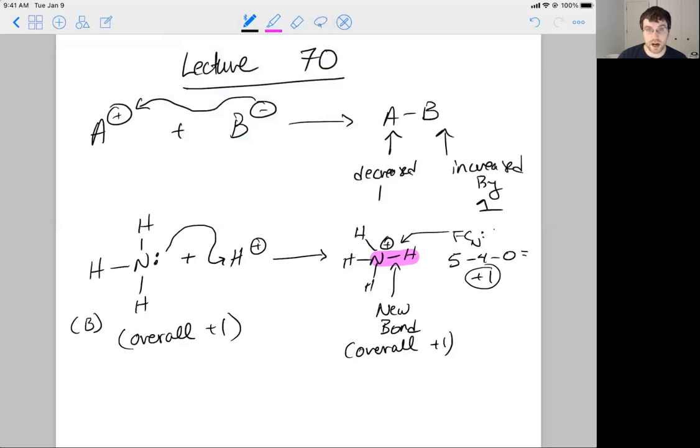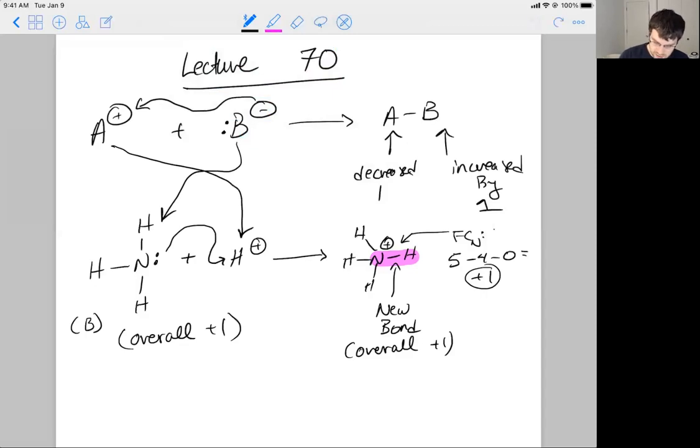Now, the things that are odd, though, are we didn't start with an A and B that were both charged, okay? We have A, which is our H+, and B, which is actually our NH3. Now, it's not negatively charged, but it still has a lone pair of electrons, and that's an important point. When I have an arrow on B from a negative charge, I'm really showing the arrow from the lone pair.